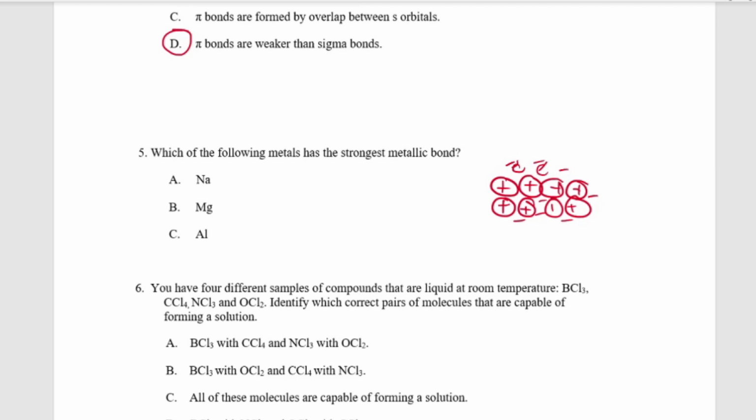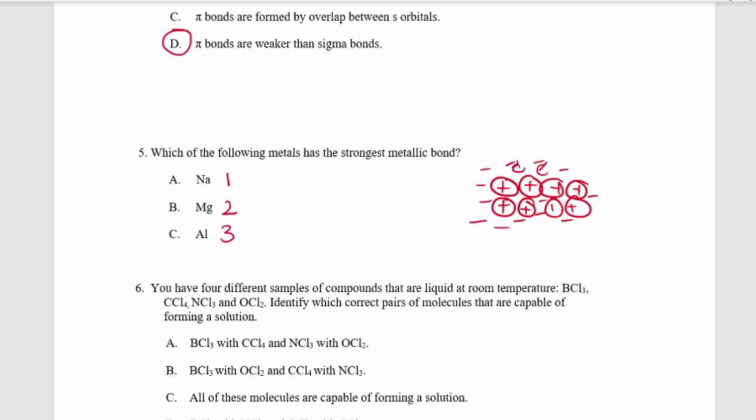To form a sea of mobile electrons. And if we look at the elements they gave us in A, B, C, sodium, magnesium, and aluminium, sodium has 1 valence electron, and magnesium has 2, and aluminium has 3.